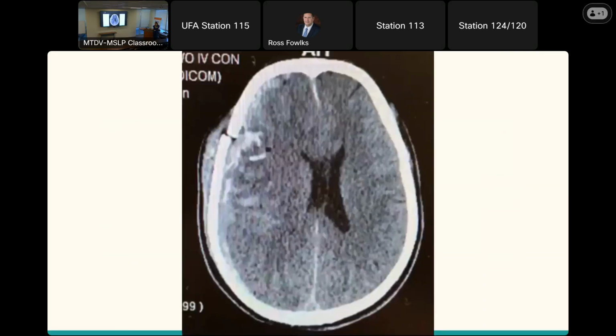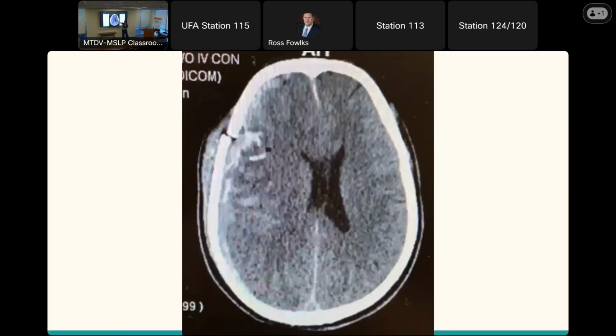Okay, so this is the CT, the skull fracture there, subdural, probably some subarachnoid, and not as big, but you also see midline shift. It's not significant, it's only like 3.